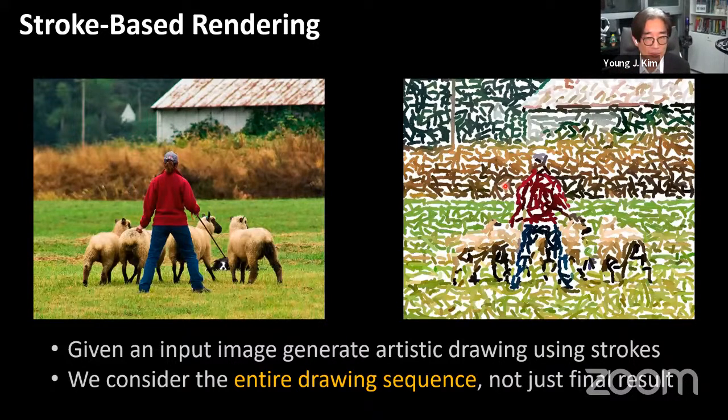In our case, we want a robot to mimic what a human does, so that we can present this entire drawing process as an art performance to the viewer. That's our difference from the existing stroke-based rendering.